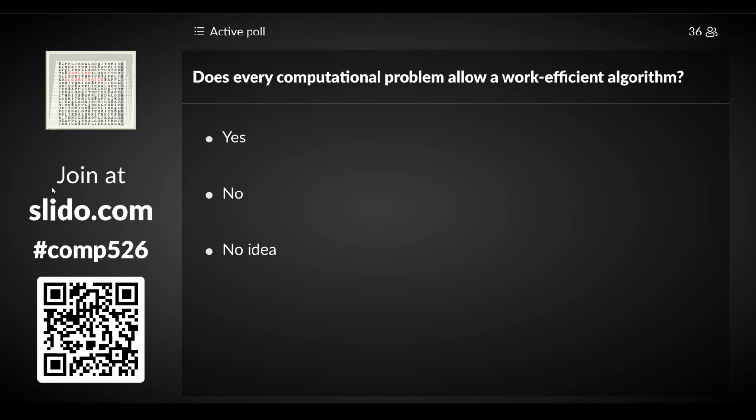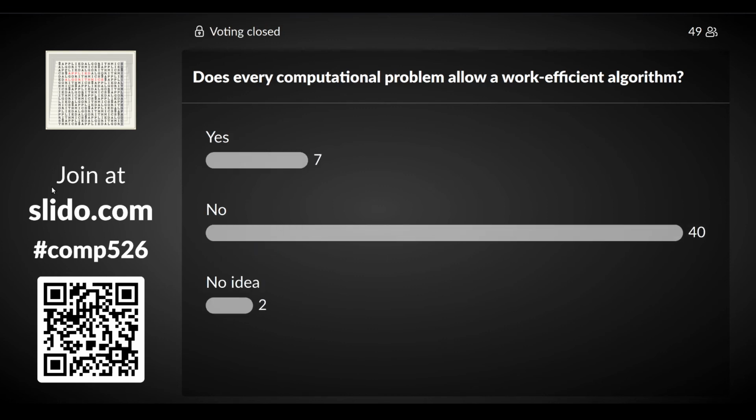Give you a few more seconds. We're at 49 on the last question. I say it's 3, 2, 1, and locked.